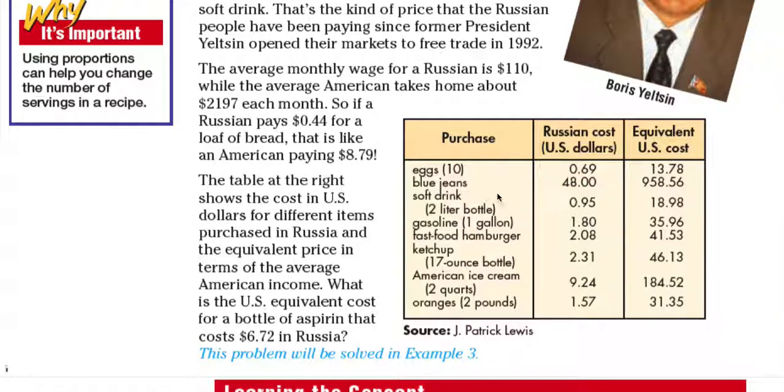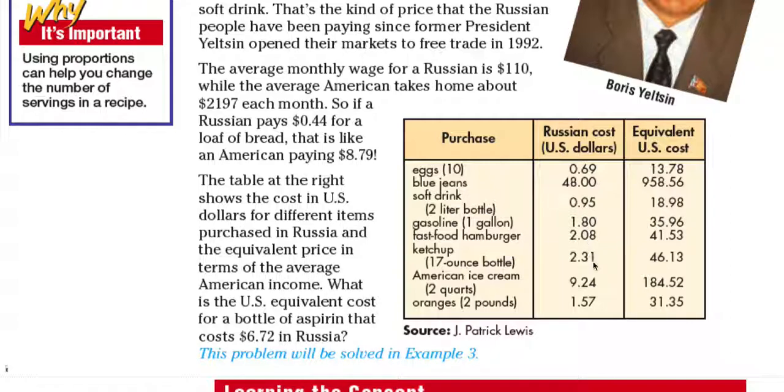Blue jeans in Russia cost $48. Make that equivalent to the US cost with an American wage of $2,197 a month, and the jeans would cost $958.56. 95 cents for soft drinks is $18.98 in US cost.